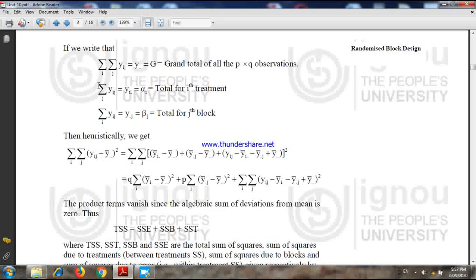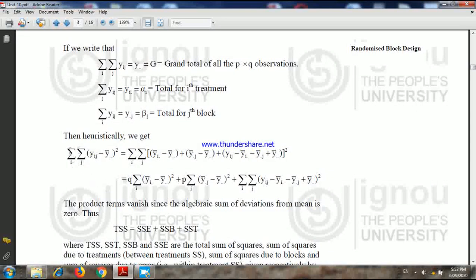Y dot dot bar means 1 upon pq double summation Yij. And what will be yi dot bar? Yi dot bar means 1 upon q summation over j of Yij. And this is 1 upon p summation over i of Yij. This will be y dot j bar.